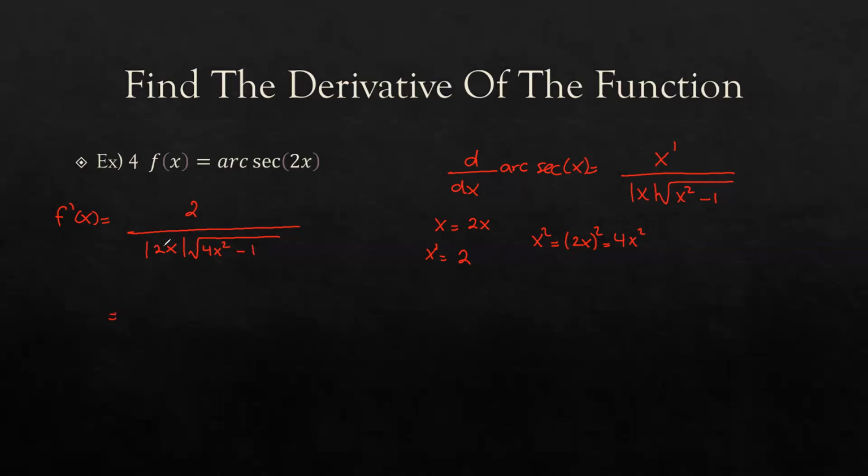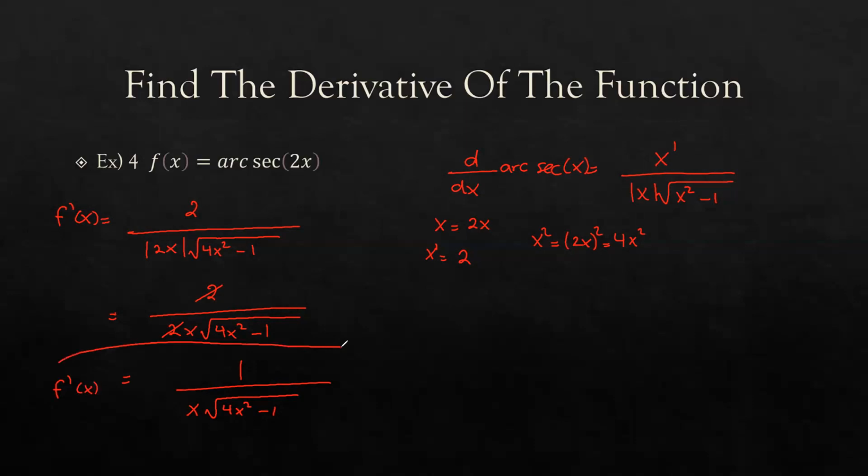This absolute value of 2x, I should have just written as regular 2x, because the absolute value of 2x is just 2x. And then get rid of this 2. So you're left with 1 over x square root of 4x squared minus 1. So that's your final answer.